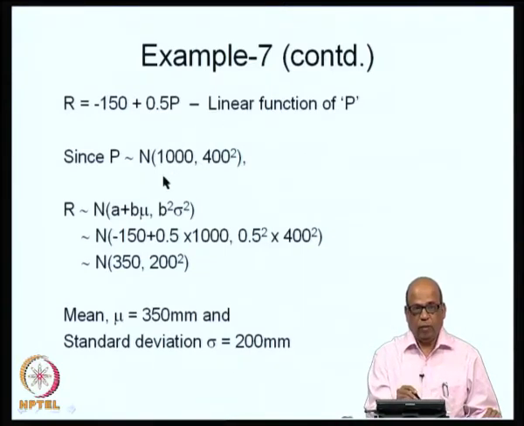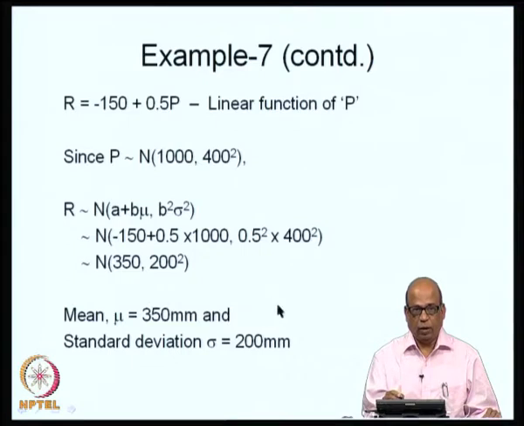this is a linear function of P. Since P is following a normal distribution with mean as 1000 and variance as 400 square, R follows normal distribution with mean as 350 and standard deviation as 200.